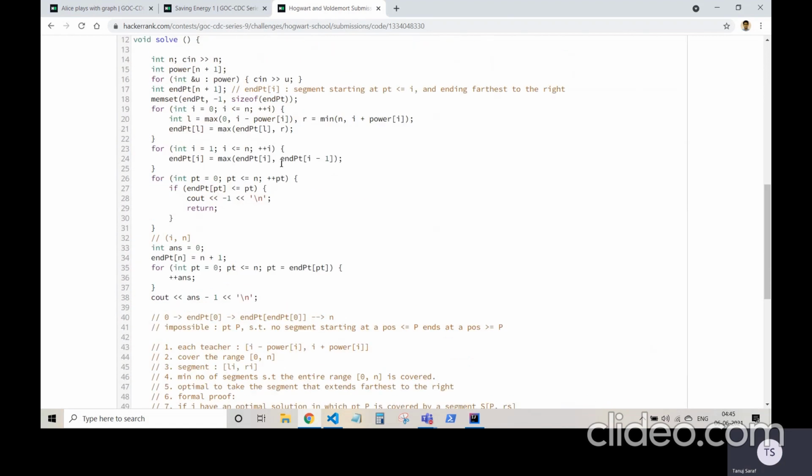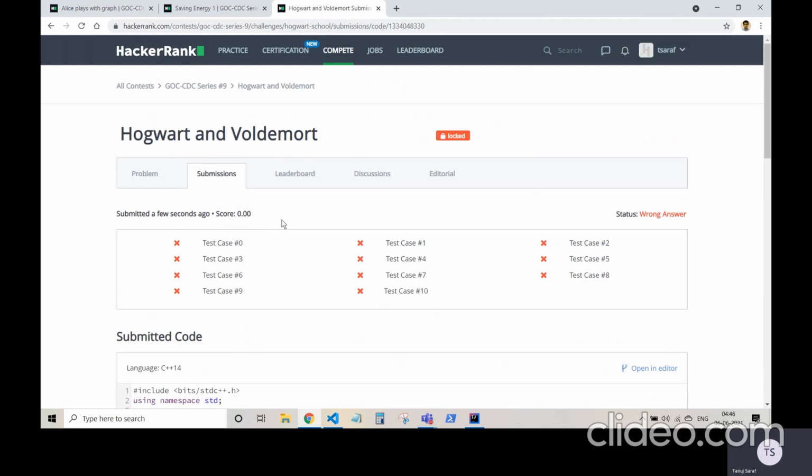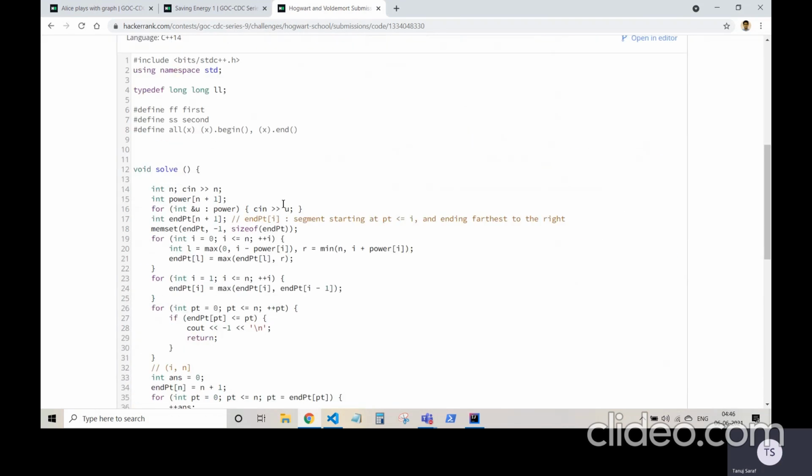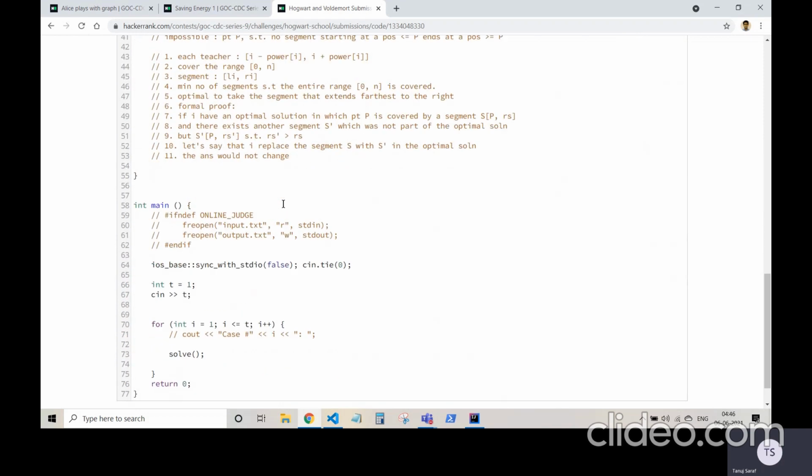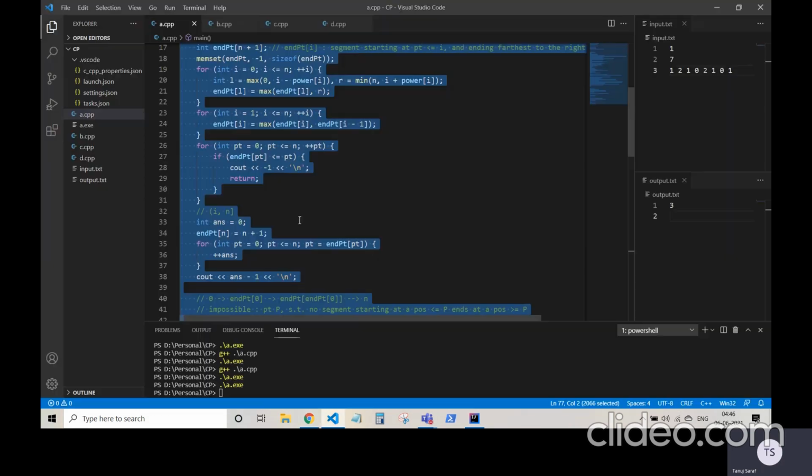What is the problem? So, let's run it on the sample again.